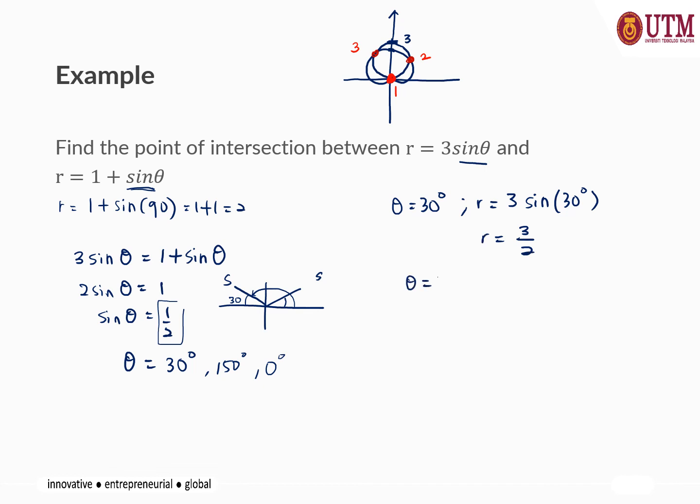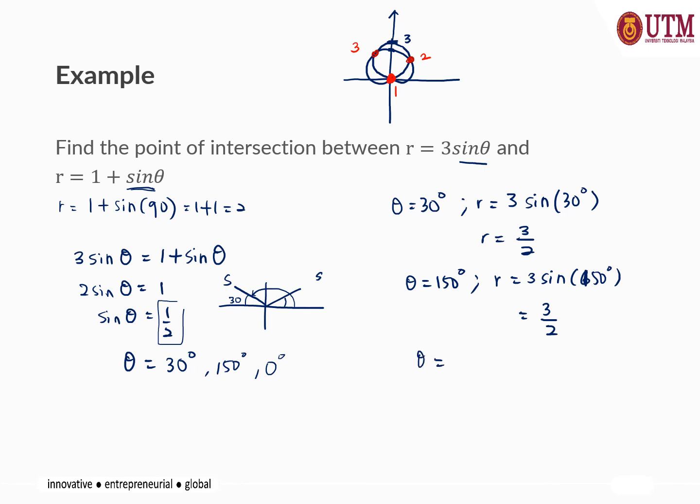And when theta is 150, this one would also be 3 over 2.